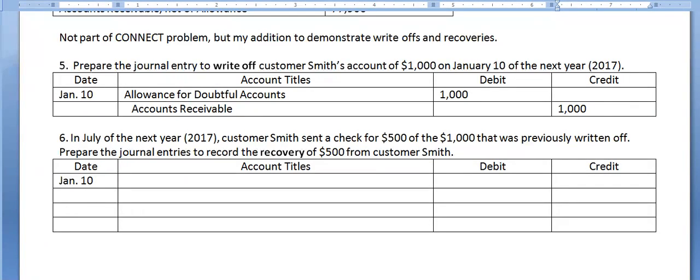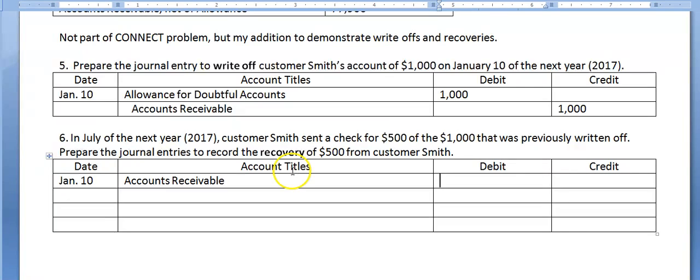The problem is that by crediting accounts receivable, we took his account off of our books. We could debit cash, but what would we credit? His account is gone. So your first step, if you have a recovery of an account that was written off, is to reverse this entry we just did. You're going to debit accounts receivable and credit the allowance to put that account back on your books.